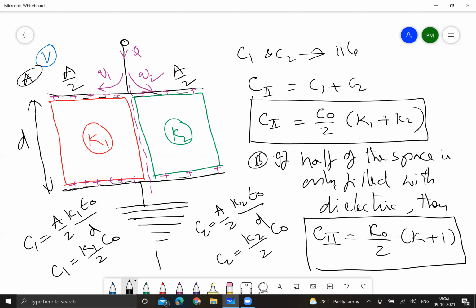Suppose if n number of dielectrics are kept, then C0 by n into K1 plus K2 and so on up to Kn. Correct? Yes, sir.